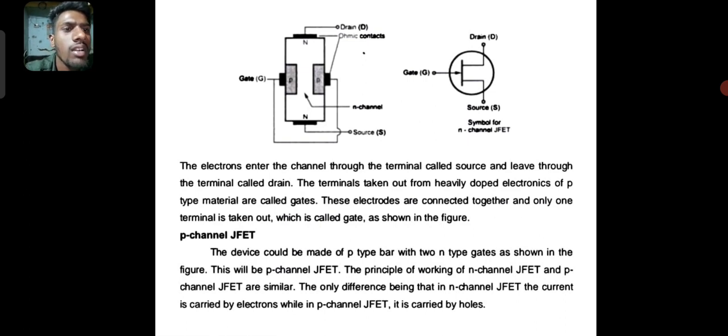These electrodes are connected together and only one terminal is taken out, which is called gate, as shown in the figure. For a P channel JFET, the device could be made up of a p-type bar with two n-type gates as shown in the figure.